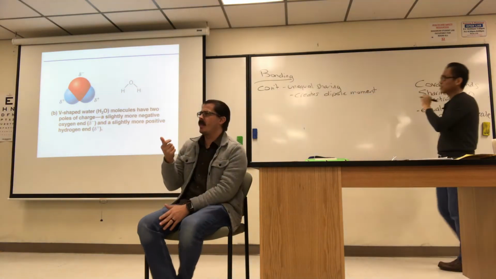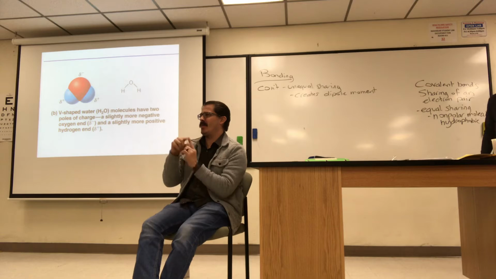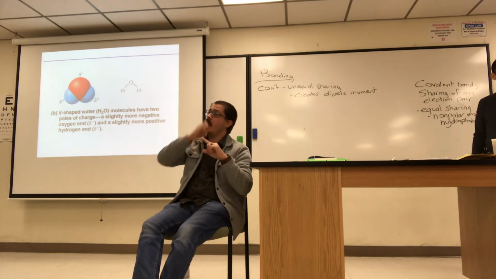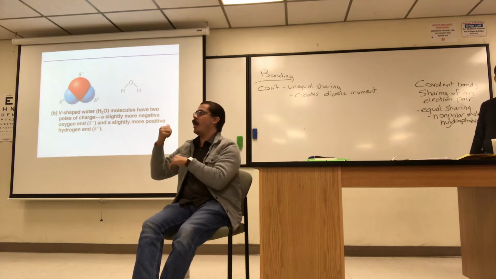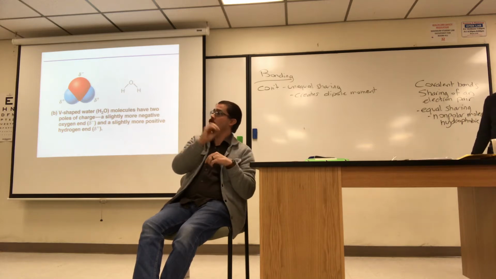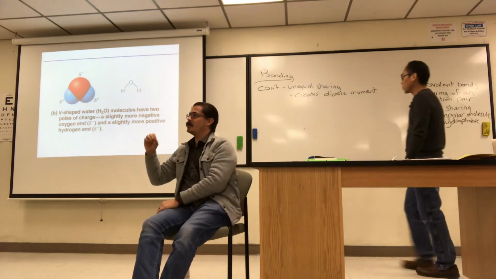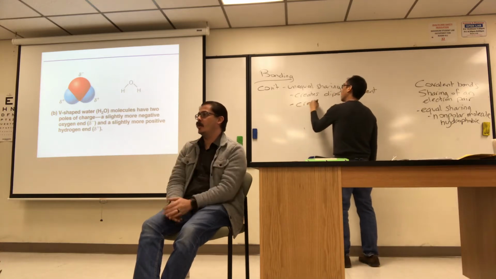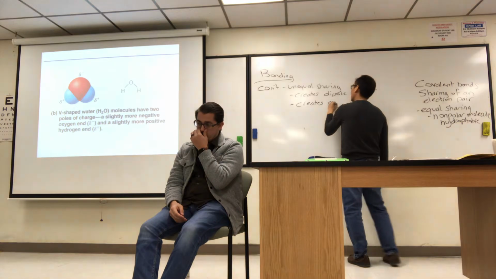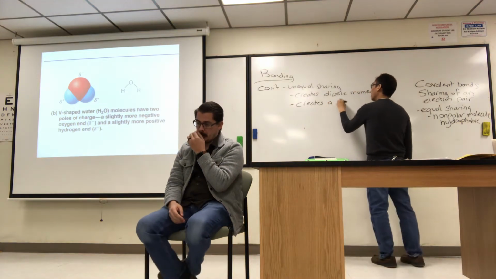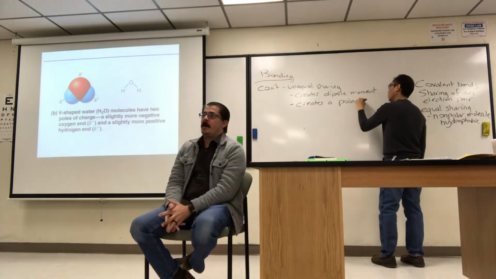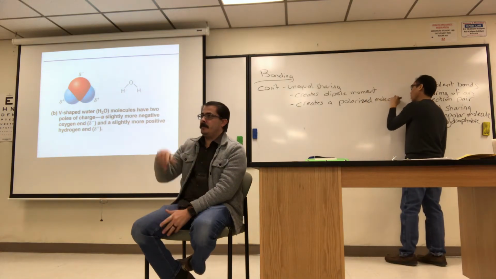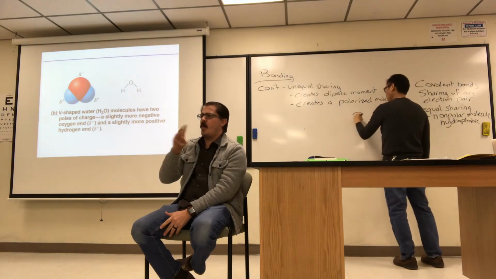I think what this essentially means is that the electrons spend more time spinning around one atom than the other. In this example, they spend more time spinning around oxygen than the hydrogen in a water molecule. So it creates a polar, polarized molecule.